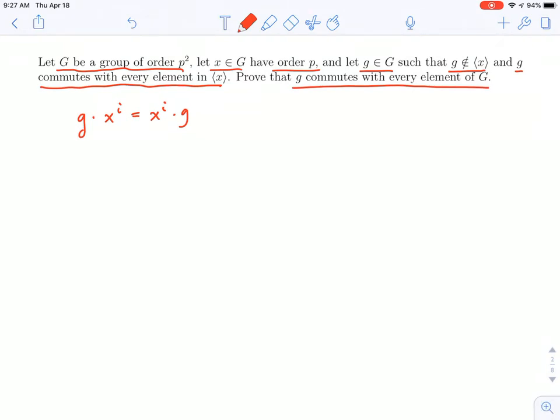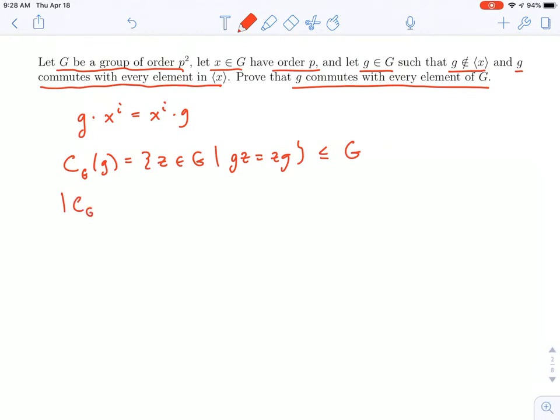So the way we can proceed here is by recalling that if you look at the centralizer of this element little g, that is all the elements in G that commute with little g, so all the z in G such that gz equals zg, that this is a subgroup of G. Once you know it's a subgroup, then Lagrange's theorem applies.